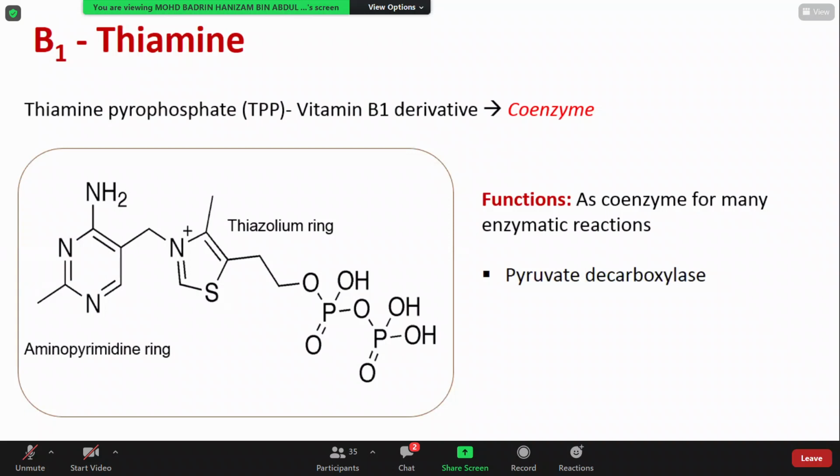Yes, doctor. Okay. Can you explain to the class what reaction is catalyzed by pyruvate carboxylase? It's all in our previous carbohydrate metabolism. Doctor, is it pyruvate decarboxylase or pyruvate carboxylase? Pyruvate decarboxylase. Okay, let me recall because I already forgot.